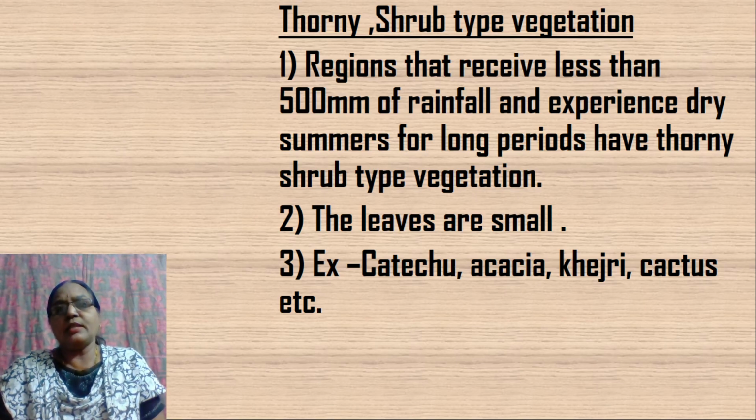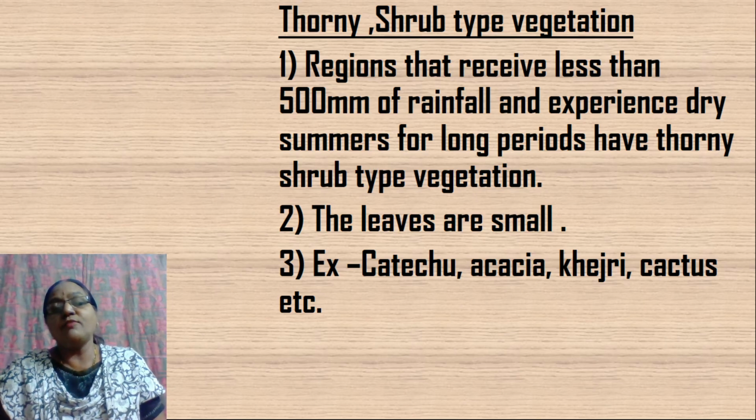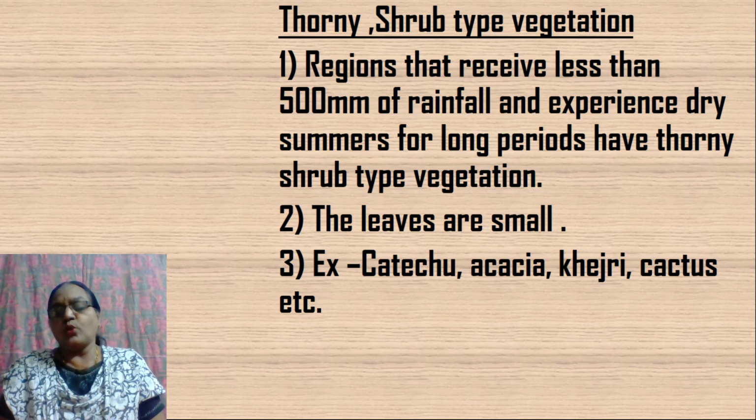Another important thing that is found here with respect to its root is the roots of these plants are very, very long, in order to tap the groundwater. Okay. Then what about the stem? As I said, the stem is flattened and green, and the leaves are reduced into spines.